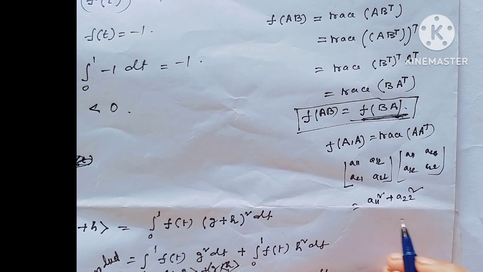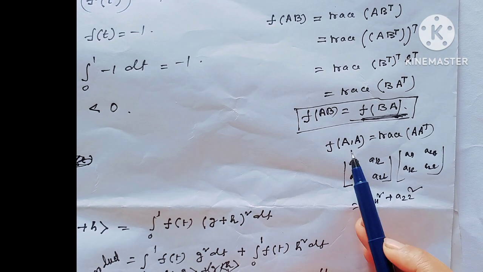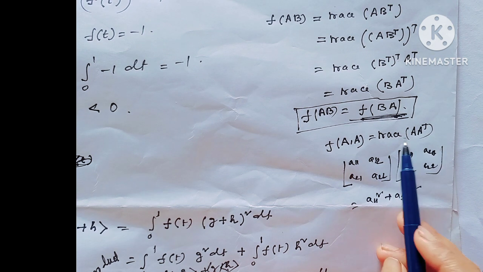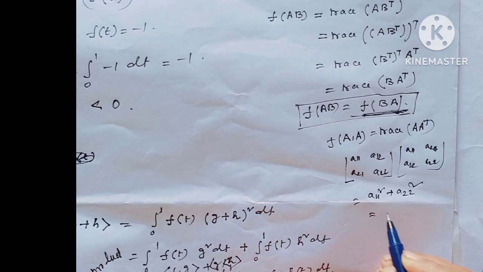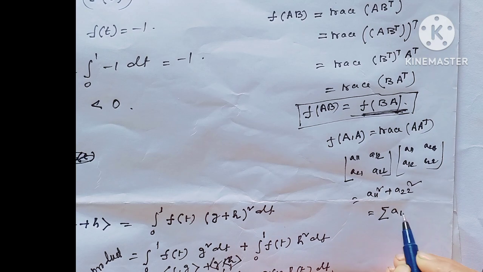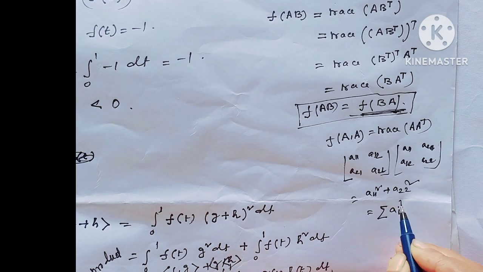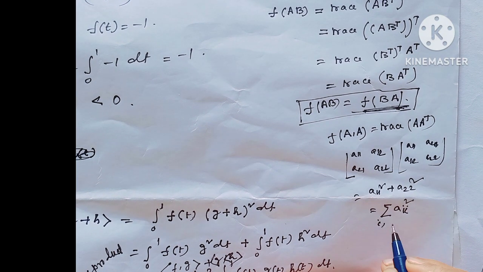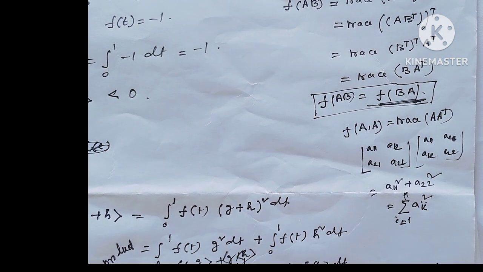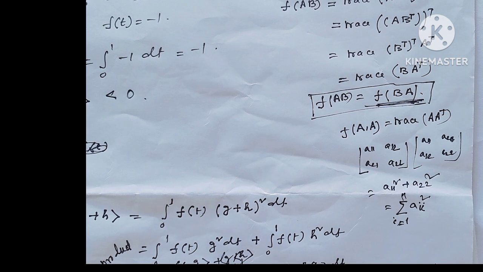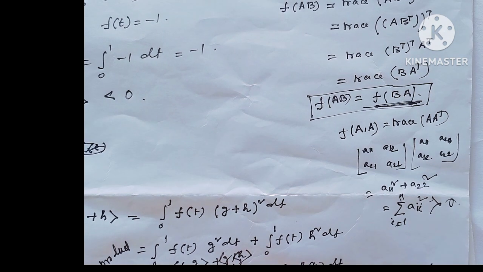That means f of AA, which is equal to trace of A A transpose, is actually the summation of AII whole square, where I runs from 1 to n. I hope all my viewers have understood that this part would always be greater than or equal to 0.